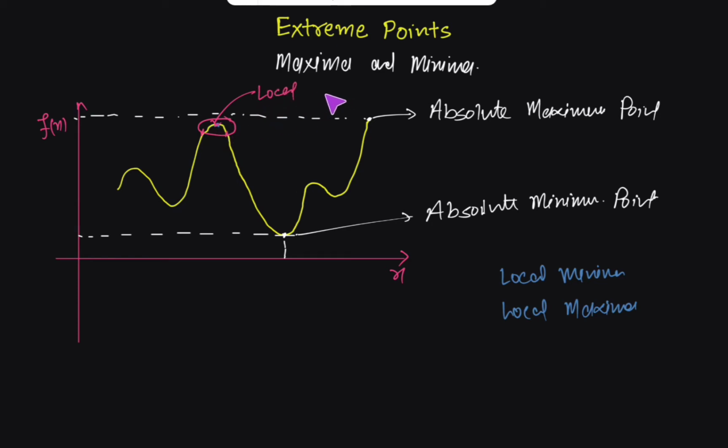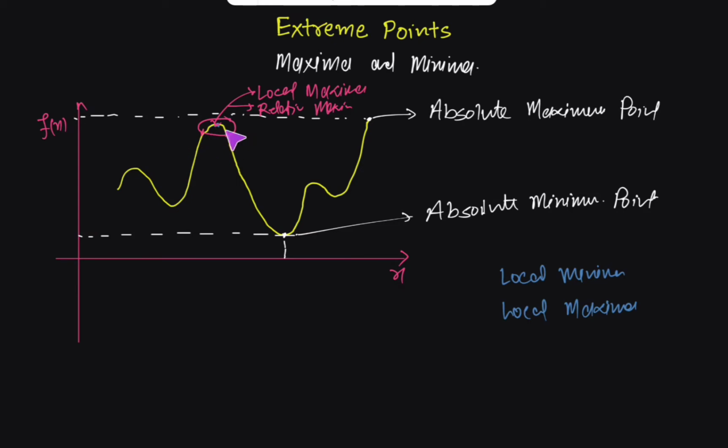Another name is also given: we can say local or we can also say relative maxima, because relatively this point has the maximum value when we compare it with its surroundings or neighbors.